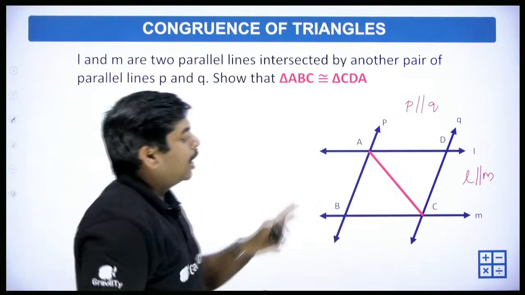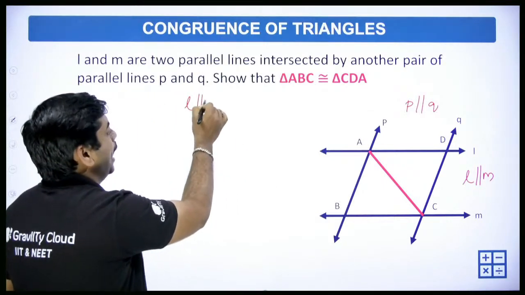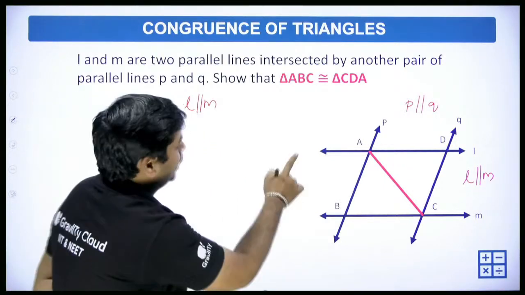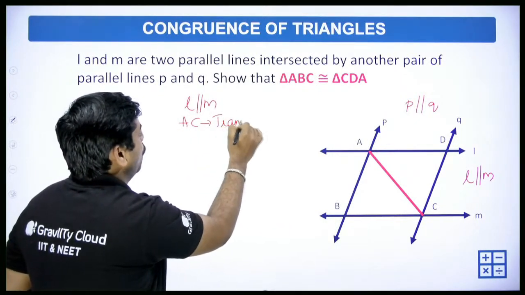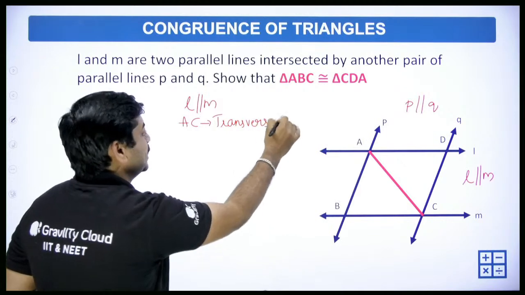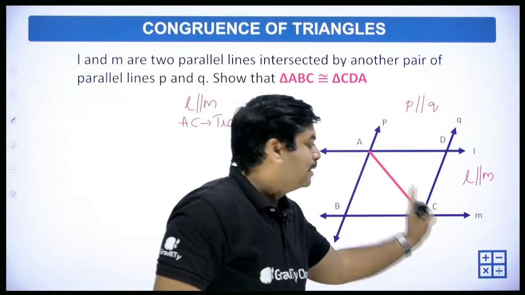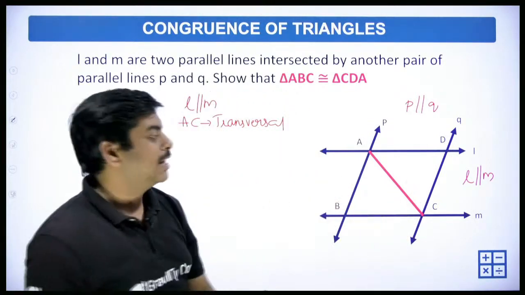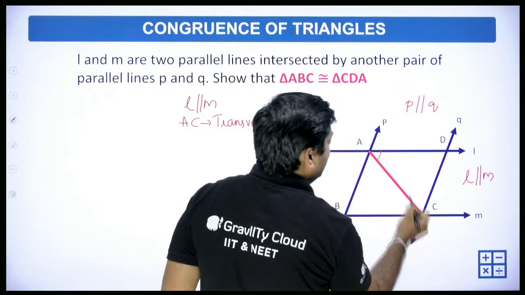Right. So now if you consider L parallel to M, AC will be a transversal. Is it correct? Yes, that is correct. L and M are parallel, AC is a transversal, and if that is a transversal, these two angles are the same, right?